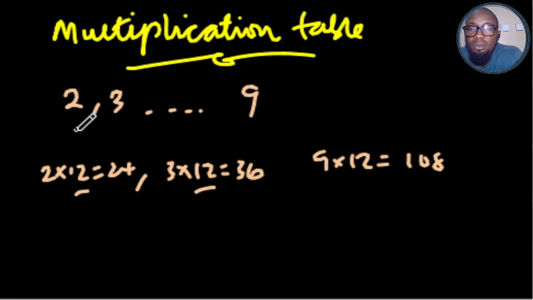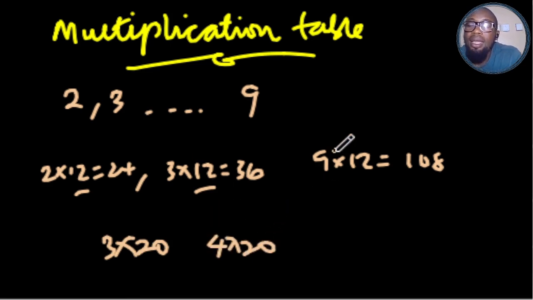Now, when a child is comfortable with 2 to 9, instead of extending to 10, 11, 12, you can extend downwards. Let's do 2 by 20, 3 by 20, meaning 3 times 1 all the way to 3 times 20. Then 4 times 1 all the way to 4 times 20.